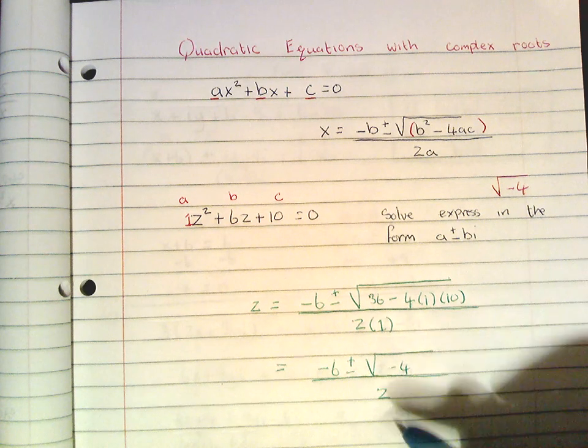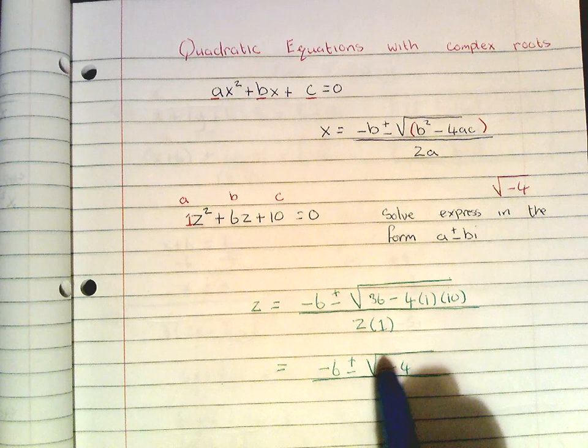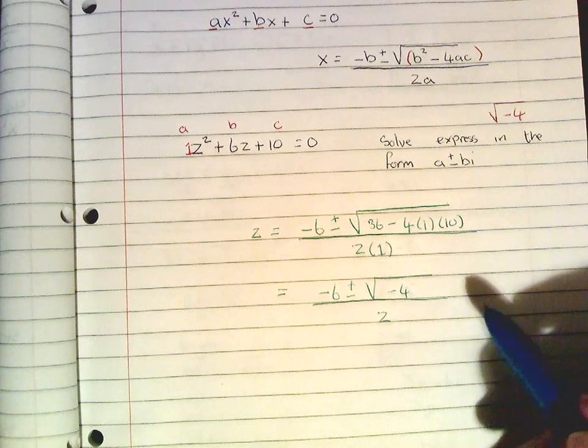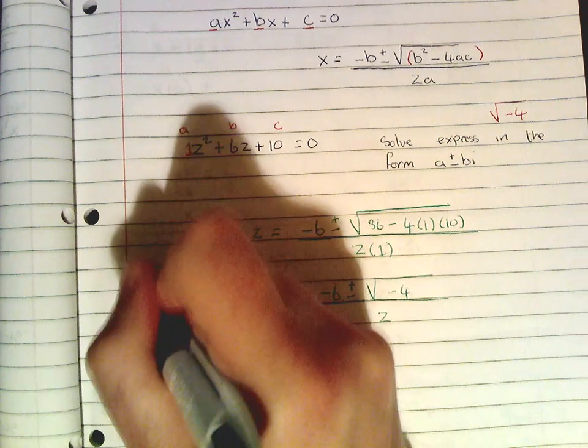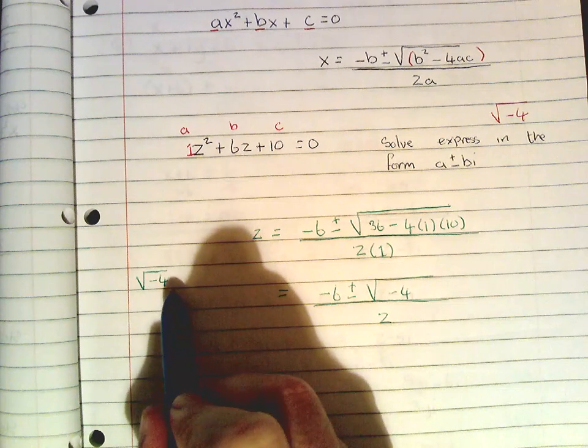And now we can start to solve this. If we think about this part here, we have to work out the square root of minus 4, as we've looked at examples of this. Remember, how do we work out what that is?